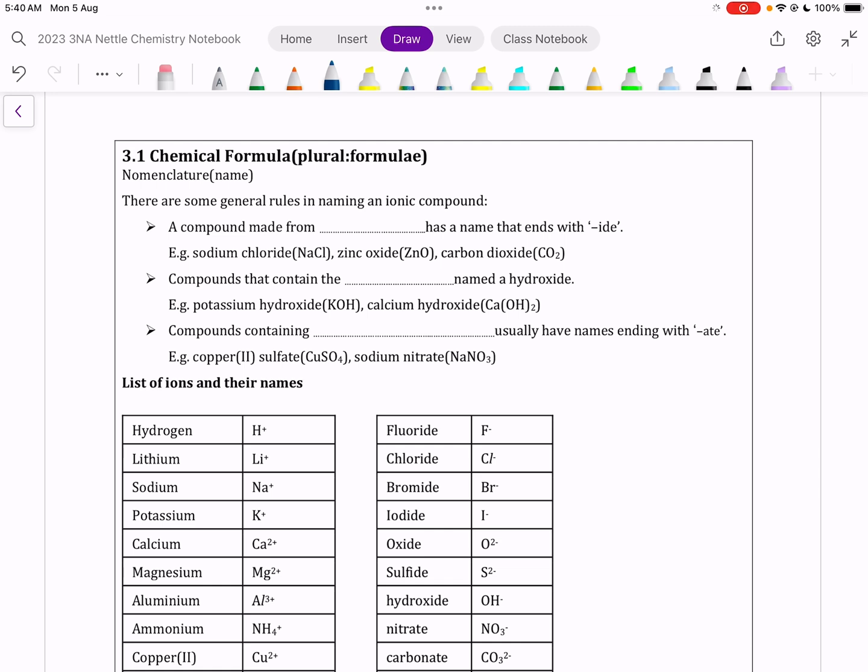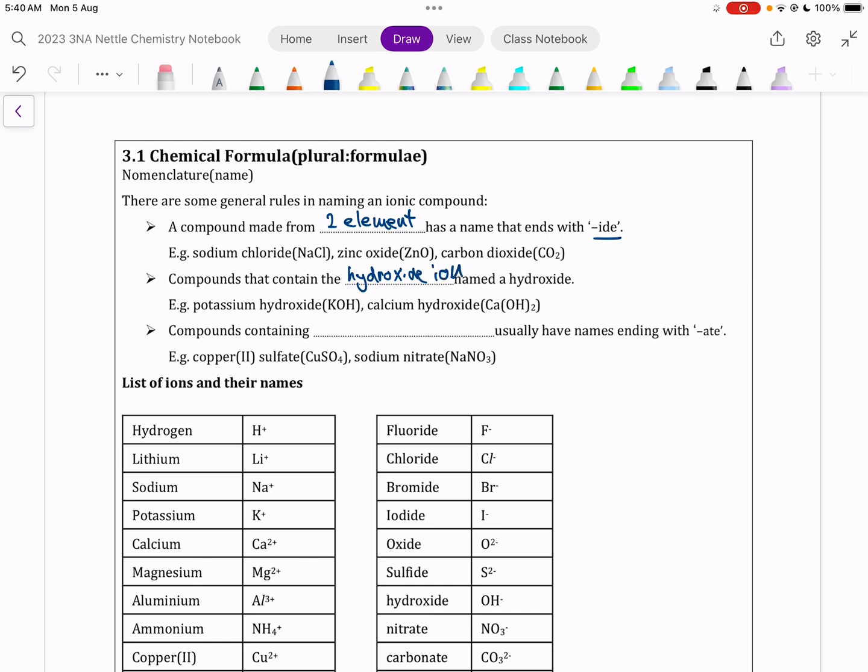A compound made from two elements has a name that ends with IDE. A compound that contains the hydroxide ion, we call it the hydroxide.